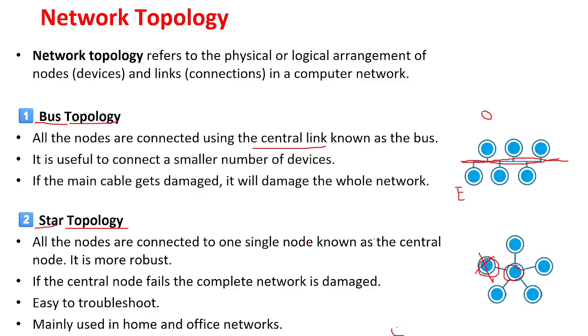Among the advantages, it is easy to troubleshoot. If any node fails, we can identify it easily. It is mainly used in home and office networks, for example where all the office computers are connected to a single central server, where they monitor the input and output data flow.